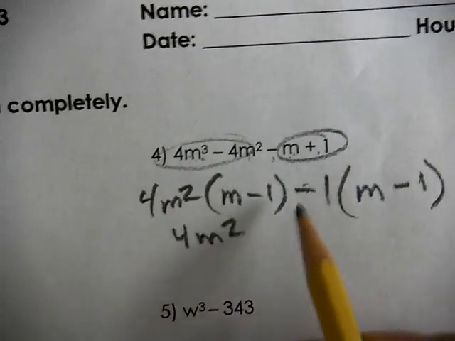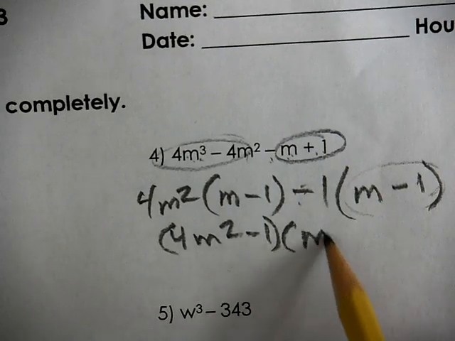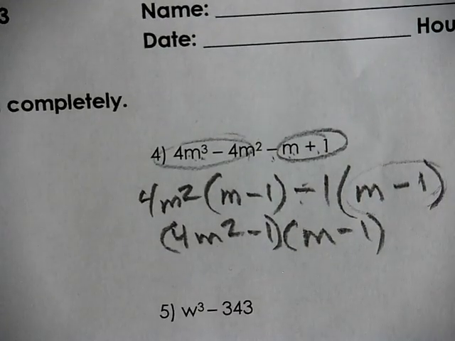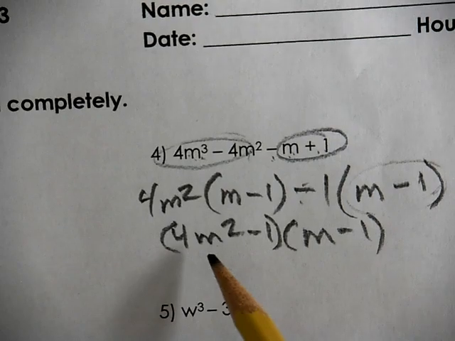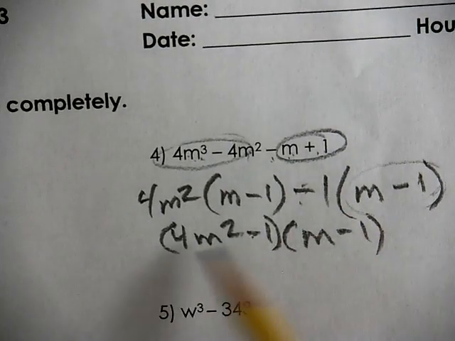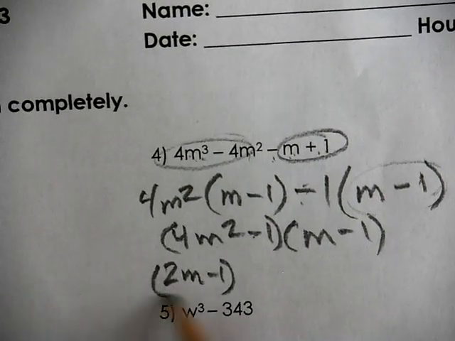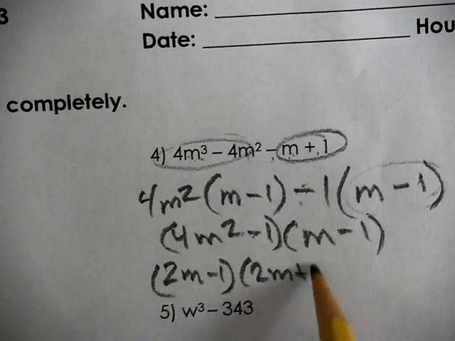So 4m squared minus 1 and m minus 1. Now the trick is that 4m squared minus 1 is the difference of two squares. So this is 2m minus 1, 2m plus 1.